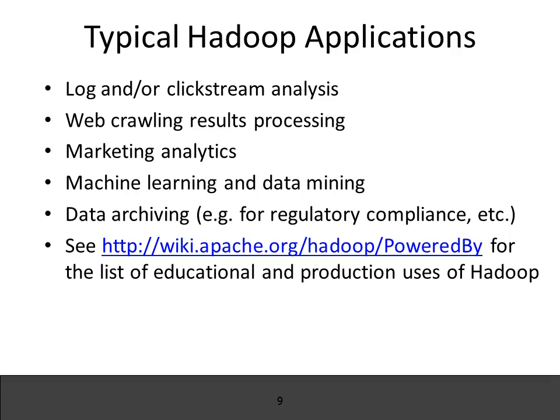The kinds of things that organizations do are things that have to do with dealing with very large-scale information, log and clickstream analysis, web crawling, market analytics, machine learning and data mining, so taking very large sets of data and extracting knowledge from it, or discovering relationships that are in the data but may not be readily apparent. And an increasing use case for Hadoop is data archiving. So using Hadoop as a platform for storing very reliably and at very low cost large amounts of information.